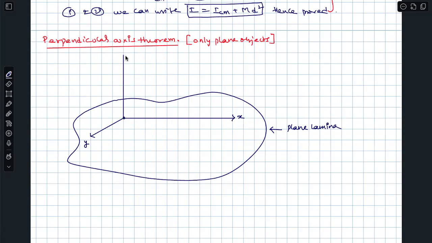Say this is Z-axis. This is some point O. Through O, all the three axes are passing.